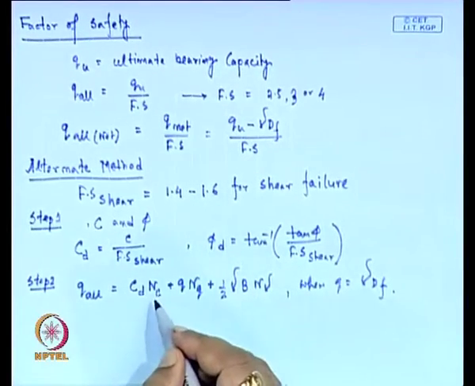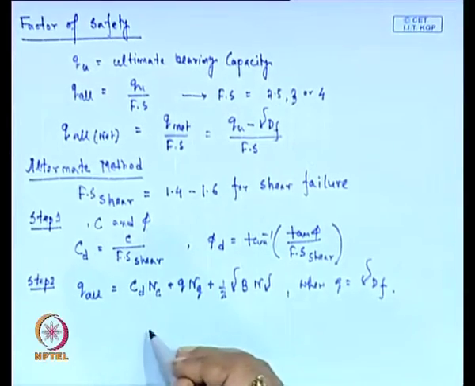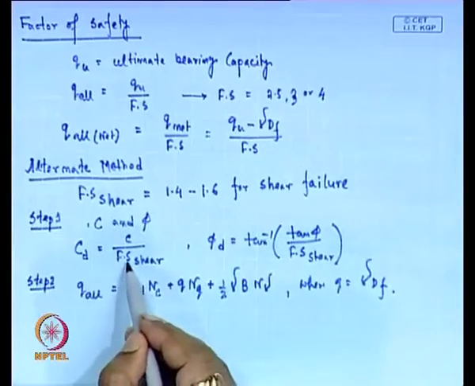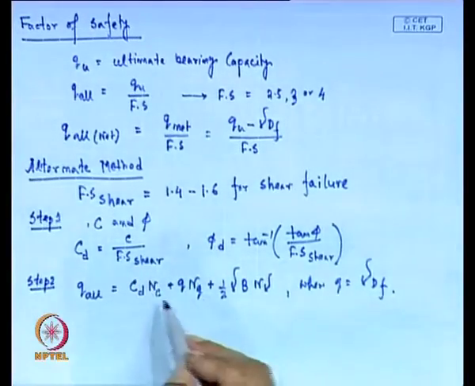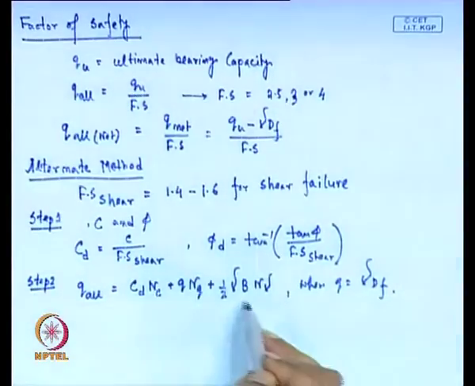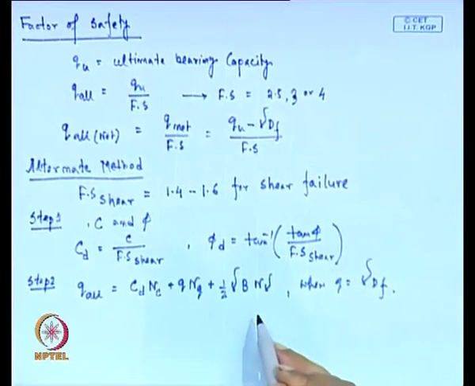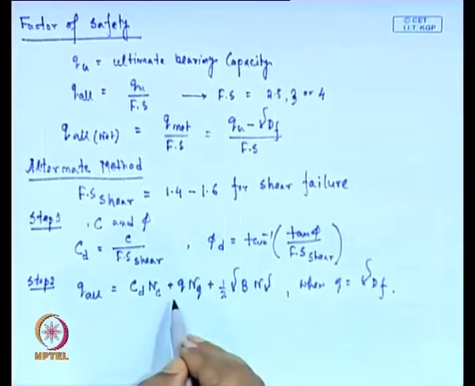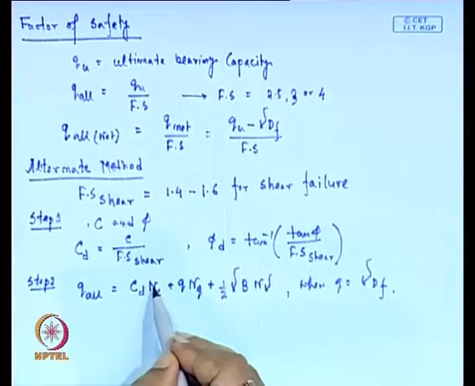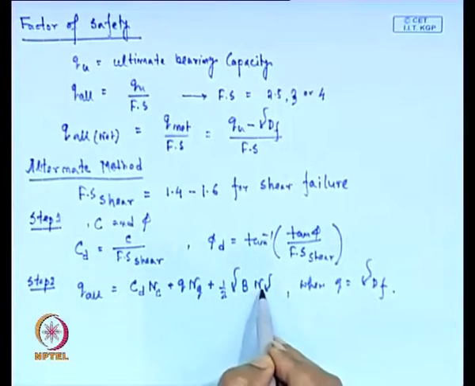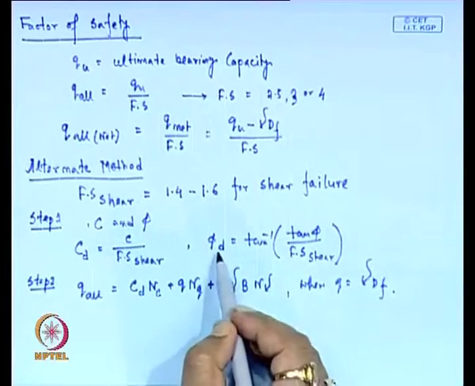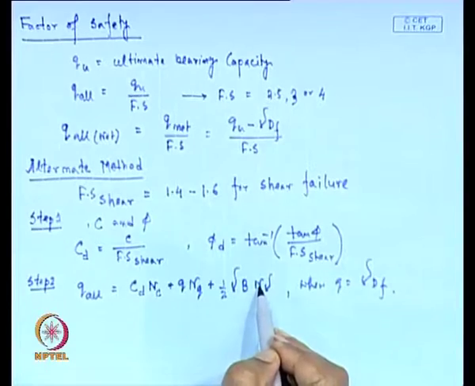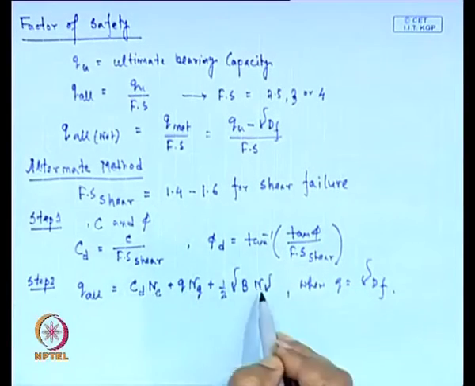those table values are given with respect to phi, but when we apply this factor of safety against shear, then instead of using phi, we have to use phi d when we calculate this bearing capacity factor. That means, corresponding to phi d value, we have to determine this N q, N c and N gamma.